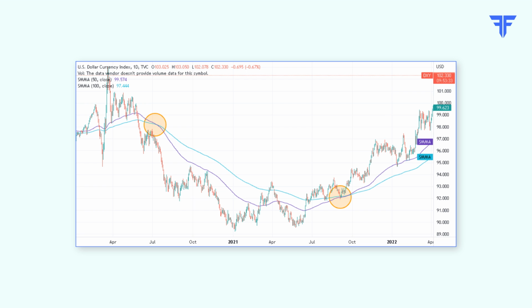This is the USD dollar chart, and you can see that from the month of April till July the prices were consolidated and even the average was trading very range bound. However, by the end of July we saw a crossover of the 50-day moving average from the upside, crossing the 100-day moving average. Thereafter we observed that the prices corrected sharply and tested almost the 89 level.